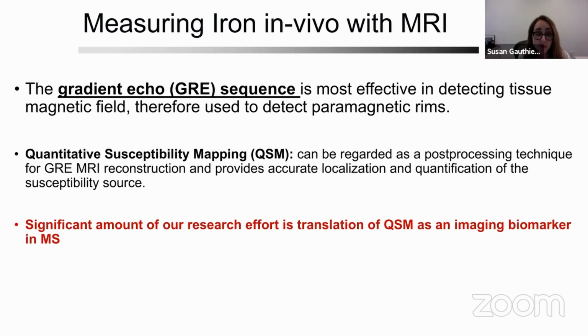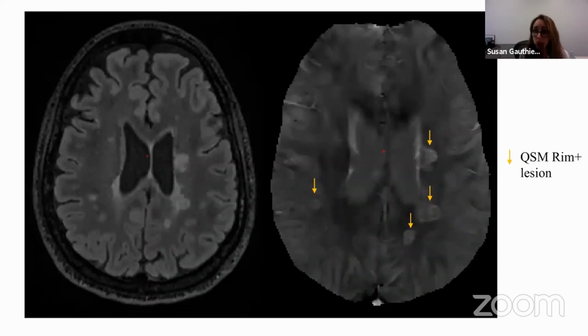So a significant amount of our research effort is in the translation of QSM as an imaging biomarker, specifically for these paramagnetic rims. So just to give you an example of what these rims look like.